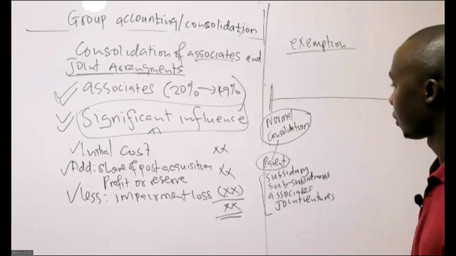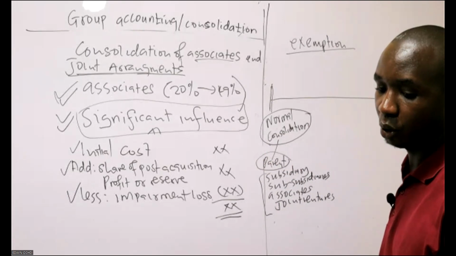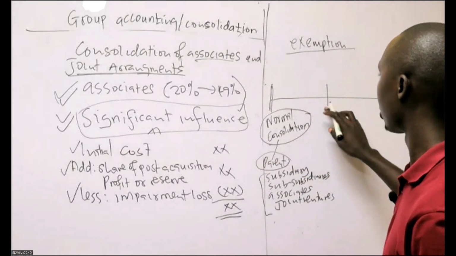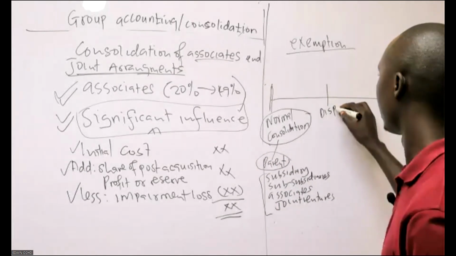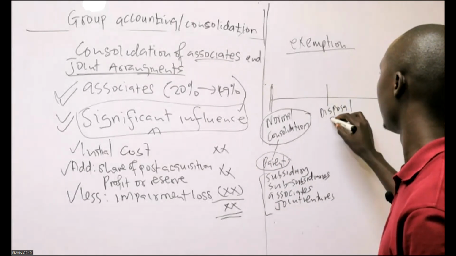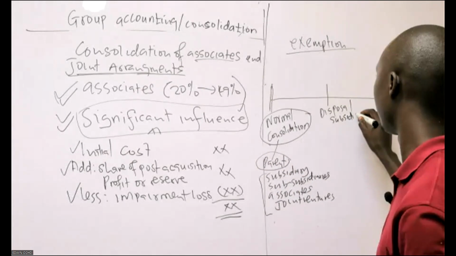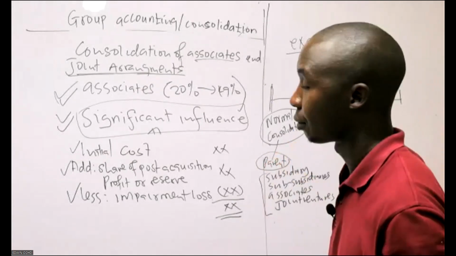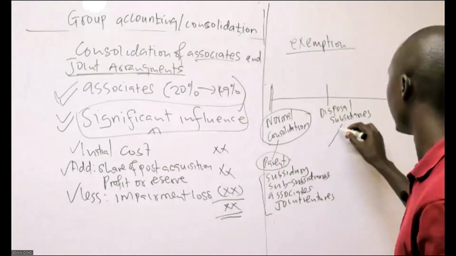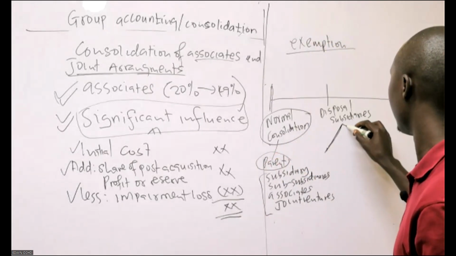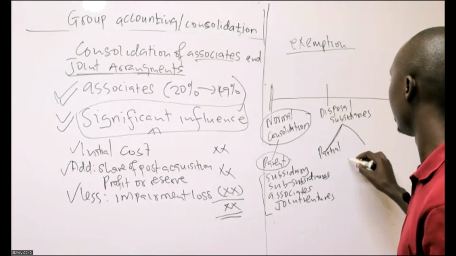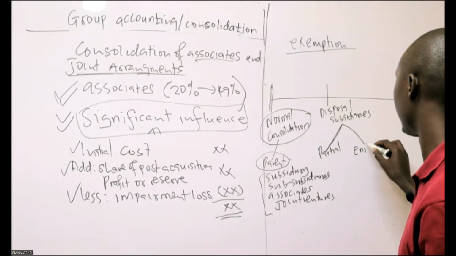Then after doing this, we will come to disposal of subsidiaries. Remember that subsidiaries, after they have been acquired, can be disposed. So disposal is either partial disposal or entire disposal.